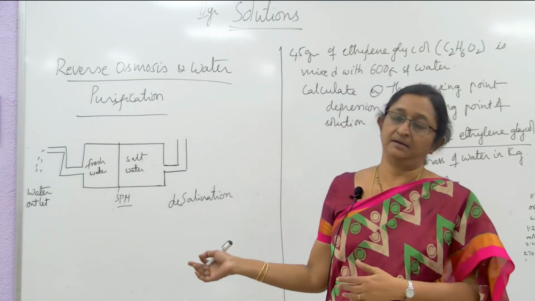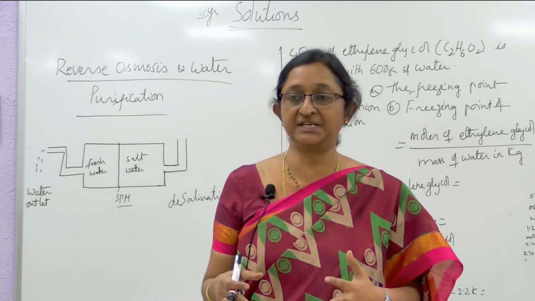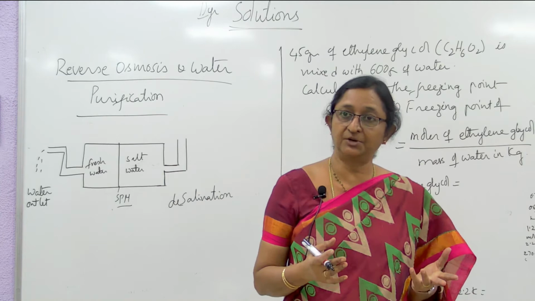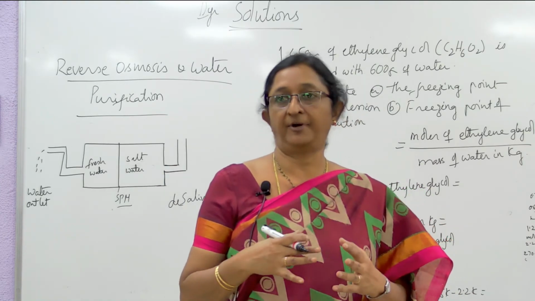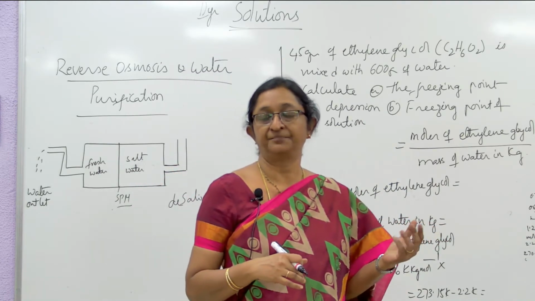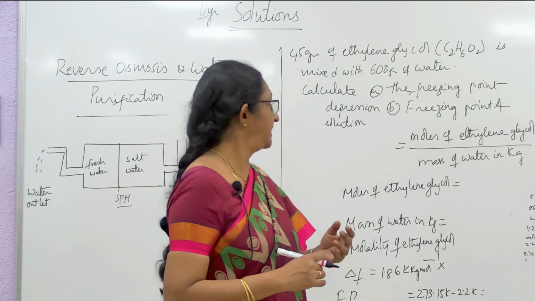Then we have learned the colligative properties. And also what ideal solutions are, which obey Raoult's law, and what non-ideal solutions are, which do not obey Raoult's law over the wide range of concentrations, and isotonic solutions, the solutions which have the same osmotic pressure.